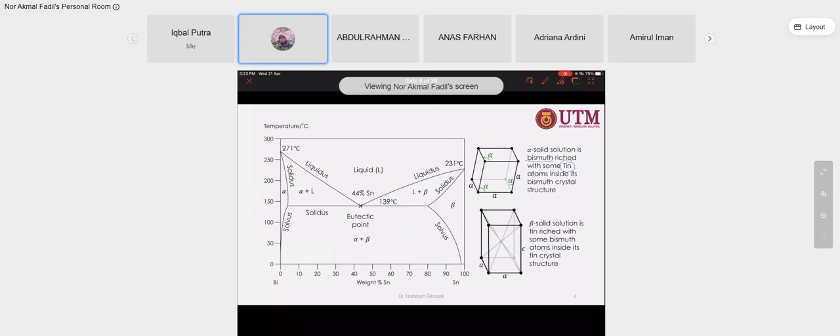Beta is a solid solution that is rich with tin, with a tin composition between 80 to 100% tin, stannum. But alpha contains only about 5% of tin, and the rest 95% is bismuth. The crystal structure for both alpha and beta is different.